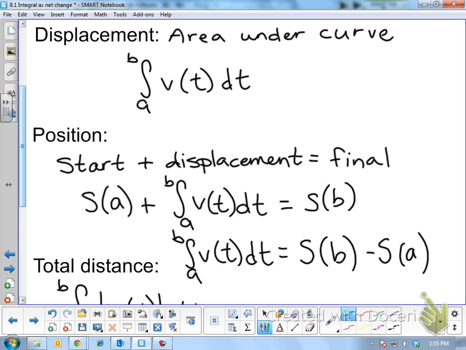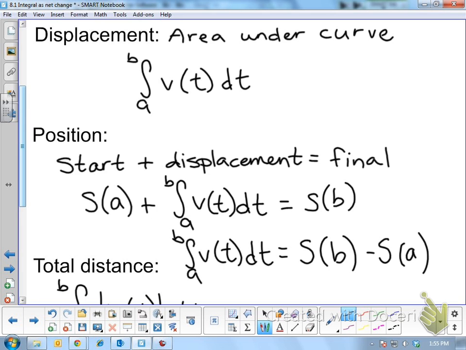What is this? The fundamental theorem of calculus. If we take a function and we integrate it and evaluate it at its final position, or its final time, minus what our position is at our initial time, we get our displacement.